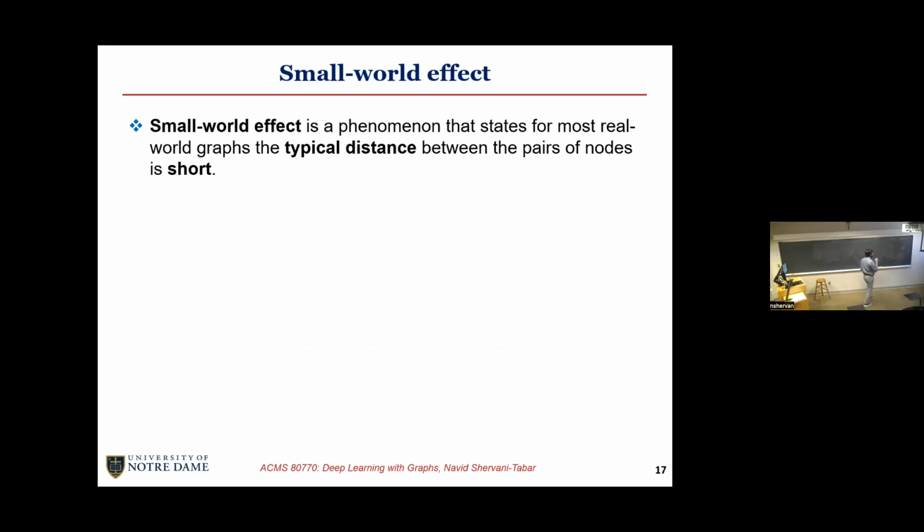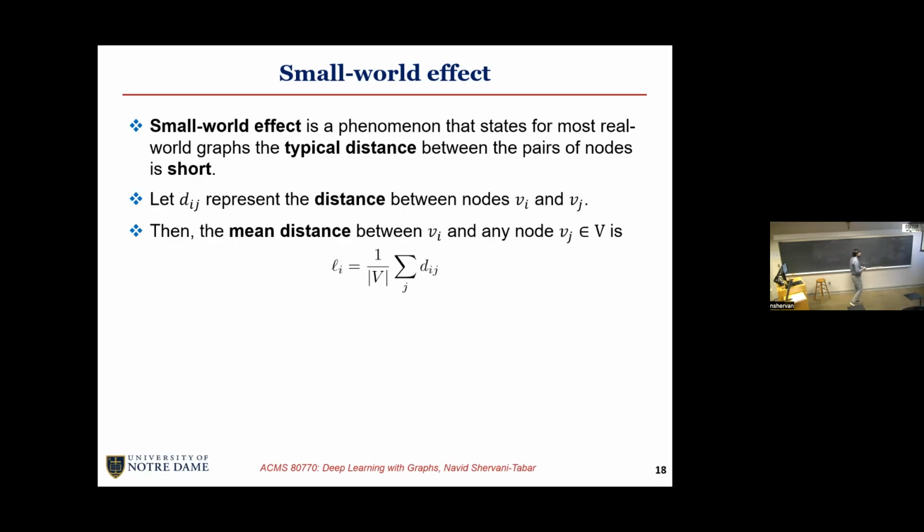Now, in real world graphs, there can be millions of nodes, but the average distance that it takes you from one node to the other node is not that large. So let's see what distance means.